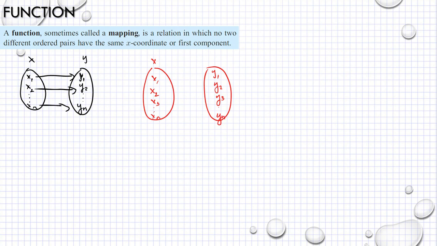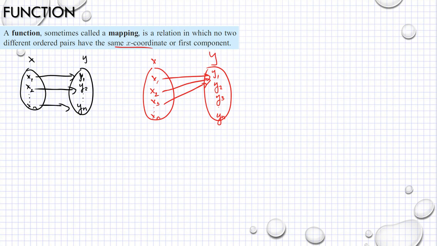It is also allowed for different x values to have the same y value. So if I have x sub 1 going to y sub 1, and my x sub 2 going to y sub 1, then this is also allowed. Even if x sub 3 goes to y sub 1. It doesn't matter how many x values go to the same value of y, it is also allowed.